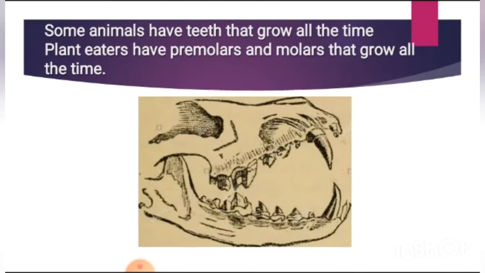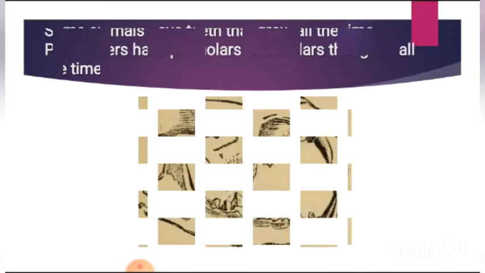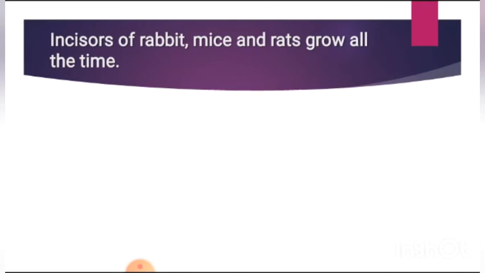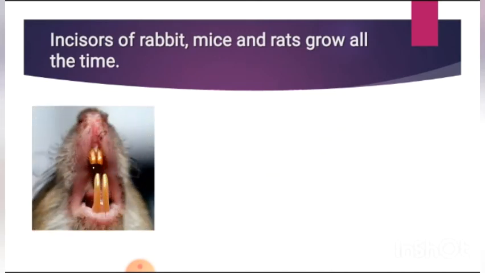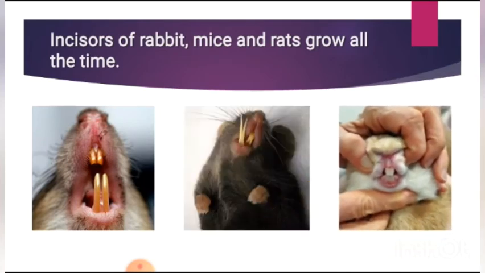Plant eaters have premolars and molars that grow all the time. Incisors of rabbit, mice and rats grow all the time. The first one is rabbit, mice and rats, and they look very long.